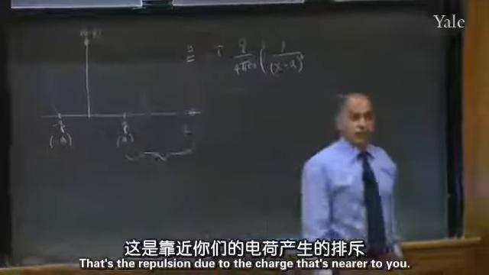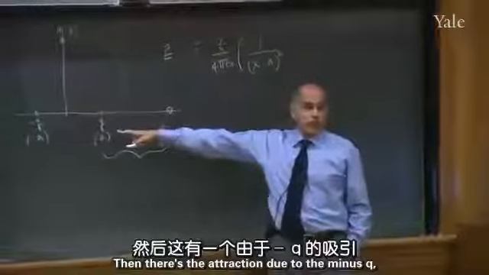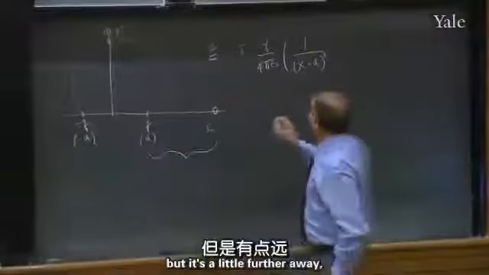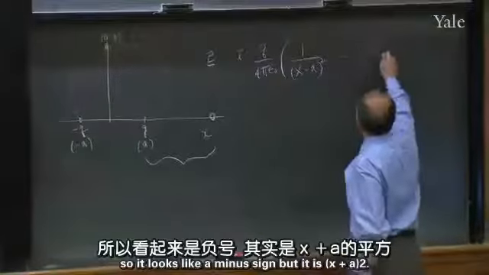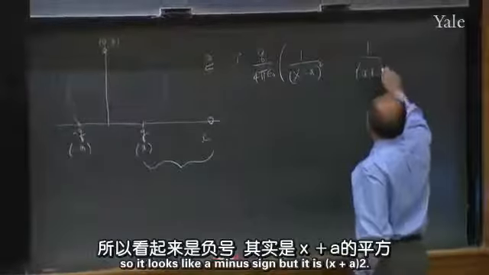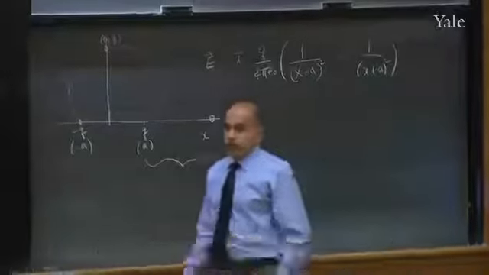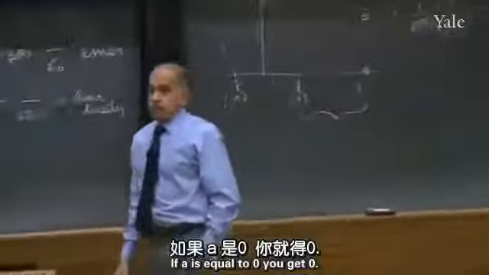That's the repulsion due to the charge that's nearer to you. Then there's the attraction due to the minus q, but it's a little further away, so it looks like a minus sign, but it is x plus a squared. If a is equal to 0, you get 0.